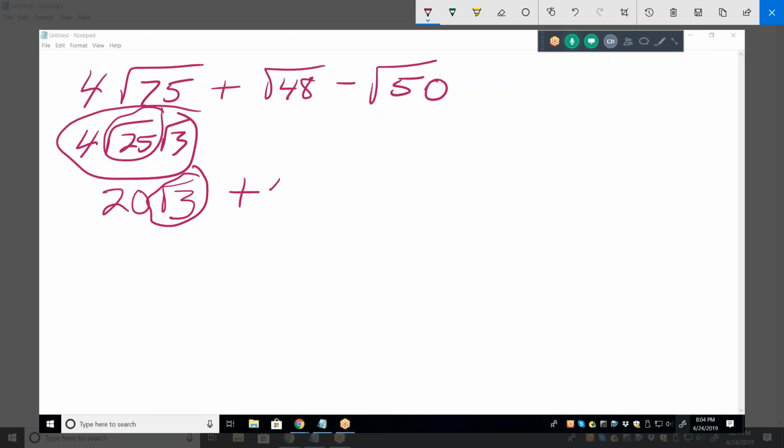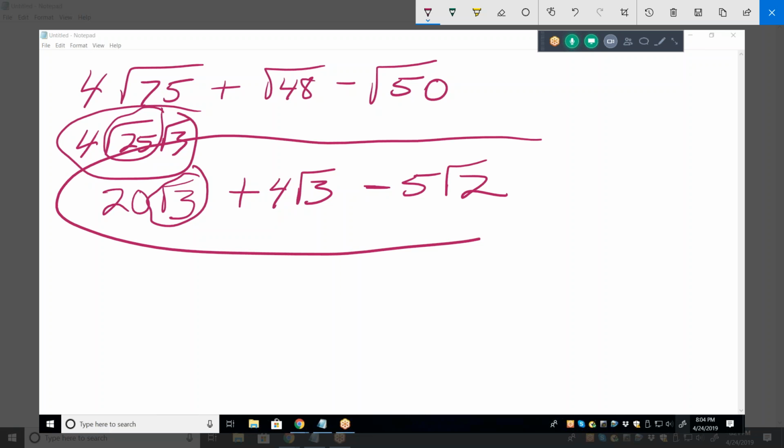So that becomes 4 root 3. How about root 50? 50, that would be 25 and 2. Okay, so what does that become? 5 root 2.